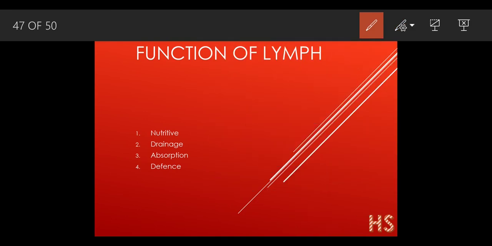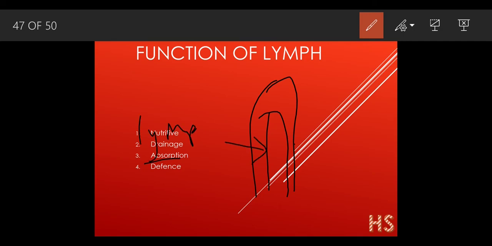Now it also helps in the absorption. Okay. See, there was a structure called villi, like this. Inside the villi there was the lymph. The function of this lymph was to absorb the fats, because fats do not get easily digested or absorbed into the body.